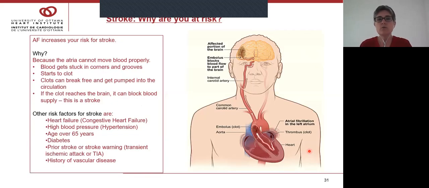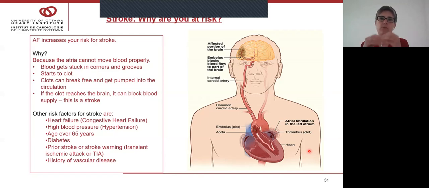So why are you at risk? If you remember from the first video, the doctor talked about how in atrial fibrillation, the atria are not contracting. They're quivering, fibrillating, we say, jiggling like a bowl of jelly. And the blood still moves from the atrium to the ventricles when the ventricles are at rest and that valve is open.